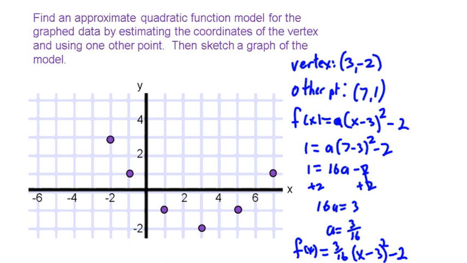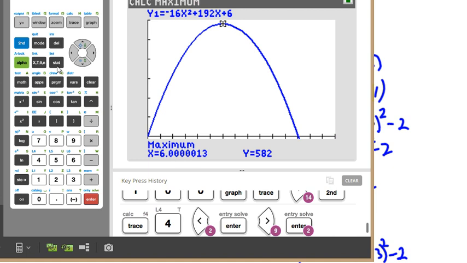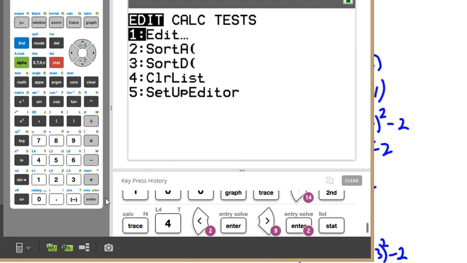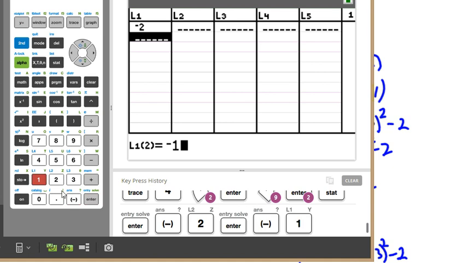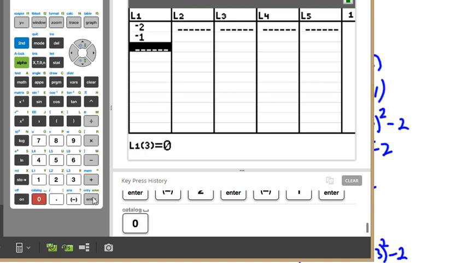And we could try putting our different points in here just to test, see how this fits. Well, I'll just go to the calculator. So we go here. I'm going to go to Stat, Edit, and we have L1, L2. So I'll just put in the values here: -2, enter, -1, enter, 0, enter. Oops.